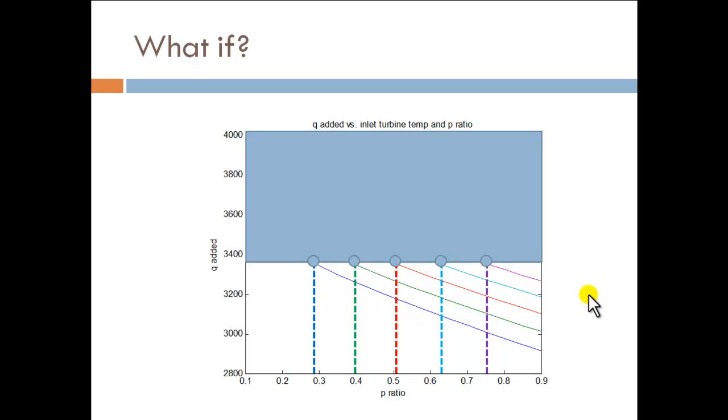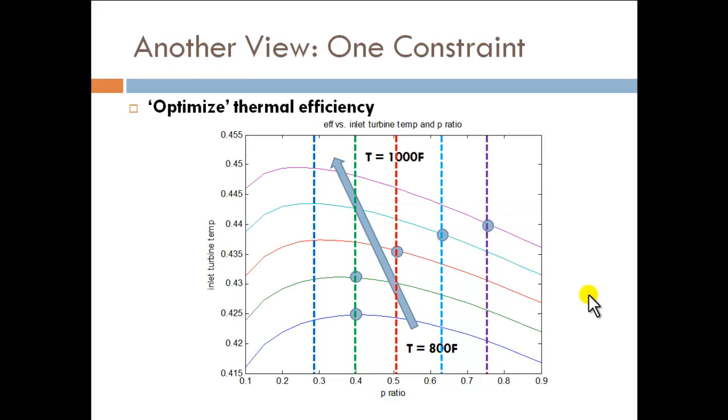Okay. Then what I did was, with these 5 lines that we have here, I just transposed them over to the thermal efficiency graph that we saw a long time ago, and we recognized, well, what we'll have to do is link the corresponding vertical dashed lines with the associated temperature curves.